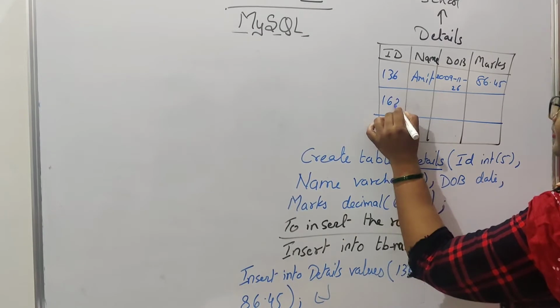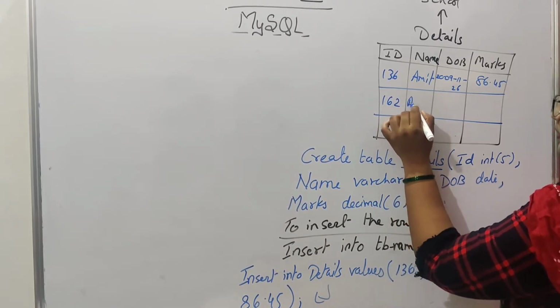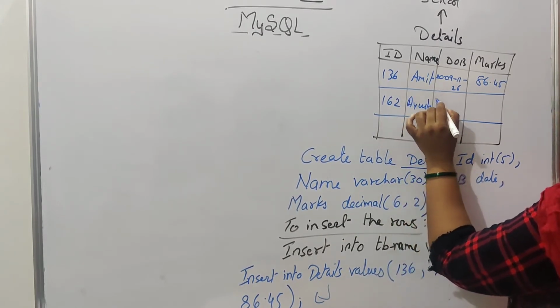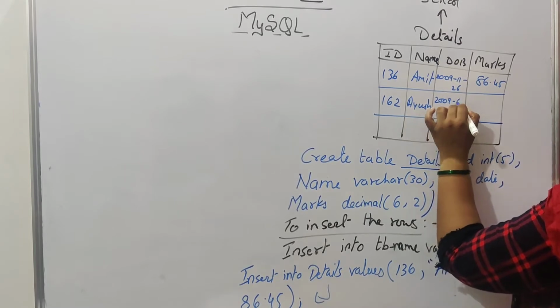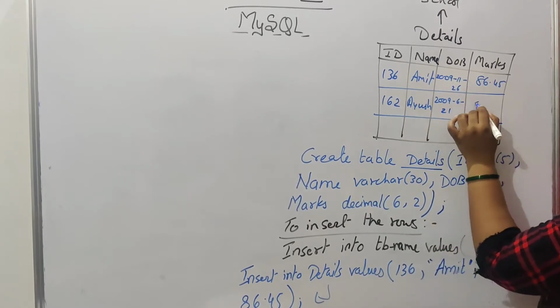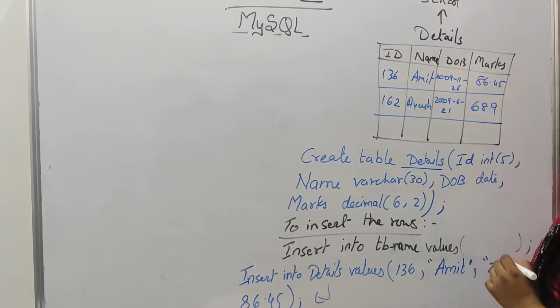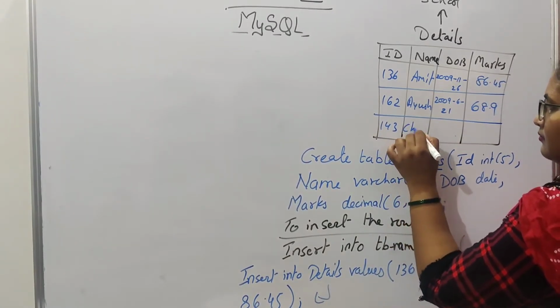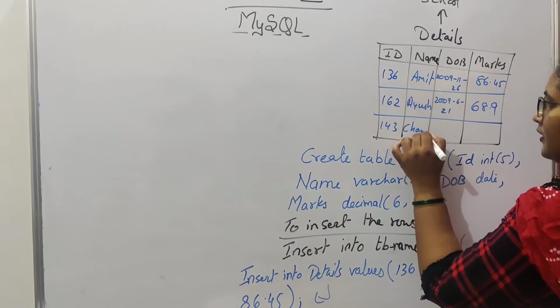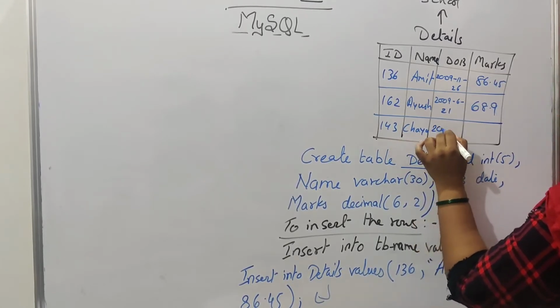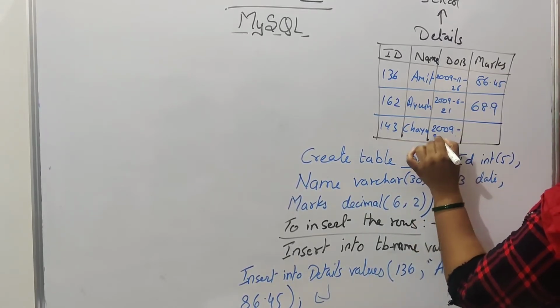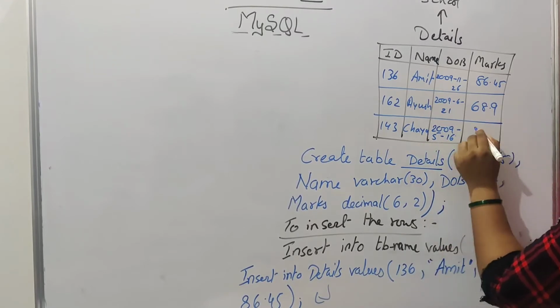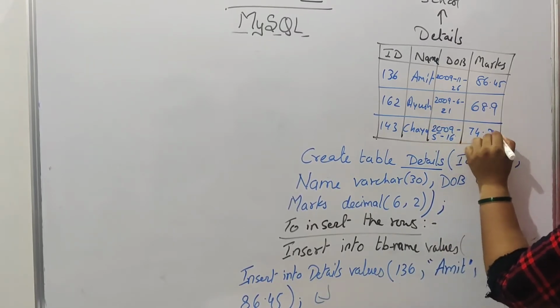After this you will insert one row, inserted, it will display. 162, Ayush, 2009/6/21, 68.9. Okay, 143, Chaya, 2009/5/16, 74.3.